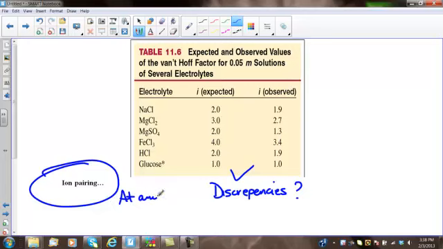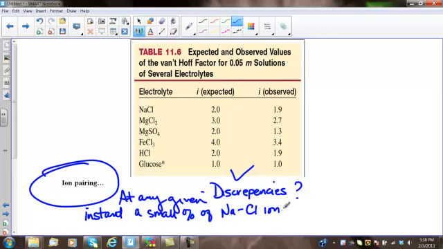At any given instant, a small percentage of the sodium chloride ions are paired.